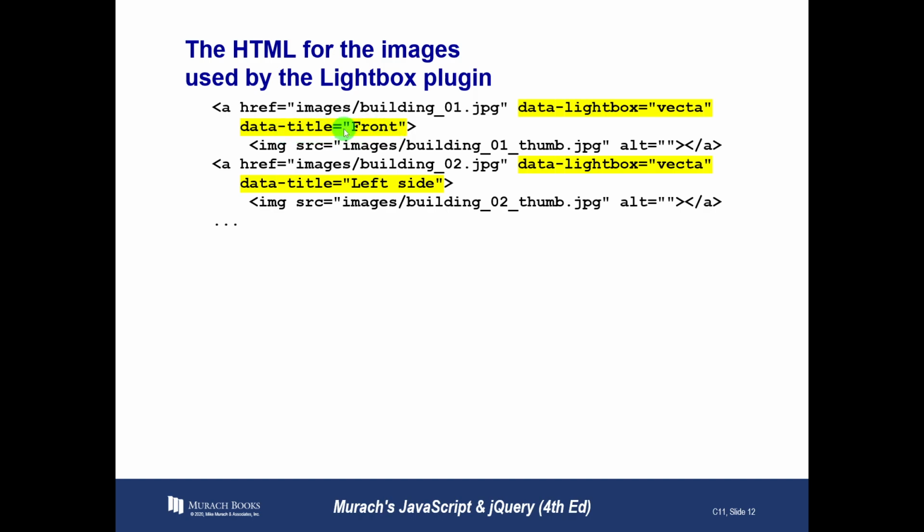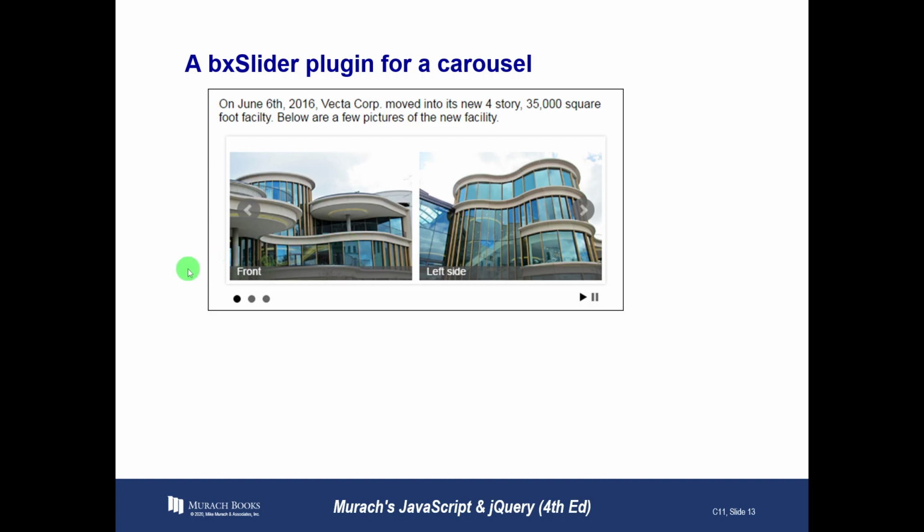So this is going to be the title for the image, front, and this one will have left side for this image, building 2. Data-lightbox equals vecta is in both of those, and you just follow this example. And you would end up with something like this. You'd see the lightbox, you have a play button that would obviously get those to pop out and go through.